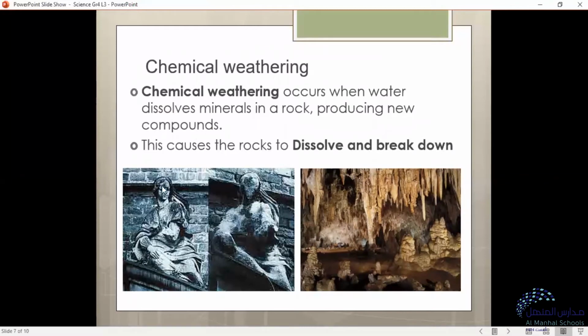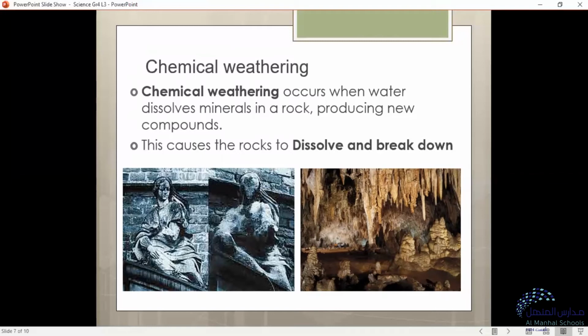But if you look at this example, you can see that this rock statue has lost most of its features because of chemicals within rain and weathering.